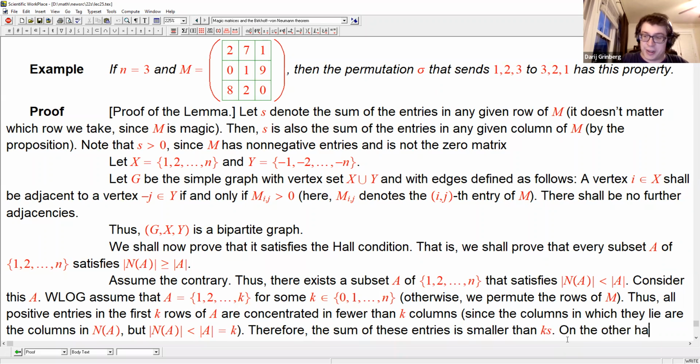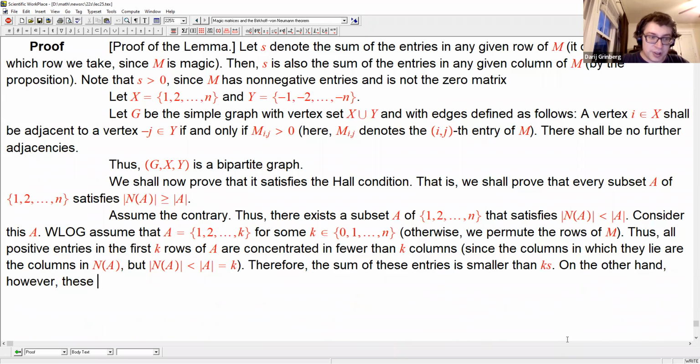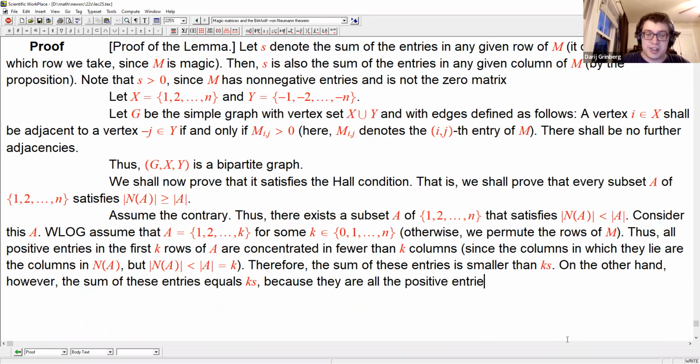On the other hand, however, the sum of these entries equals ks, because they're also the positive entries in the first k rows of A. And in each row, the sum is s. So if you sum the positive entries in k rows, you should get ks. And summing zeros doesn't change anything.